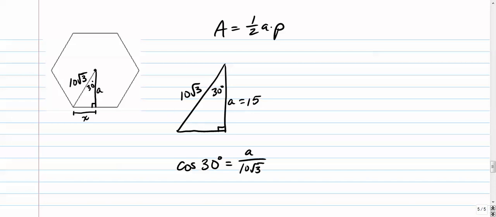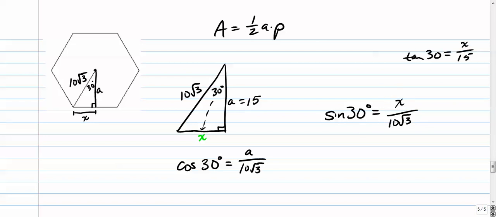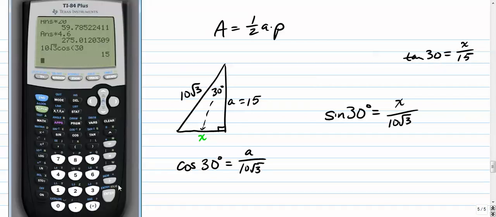And next we want to find this guy down here. So I'll just use sine. Yeah, sine will work. So the sine of 30 degrees is equal to opposite over hypotenuse. You could have used tangent there, might have been easier. Tangent of 30 is x over 15. That definitely is easier, but I'll stick with what I started with.